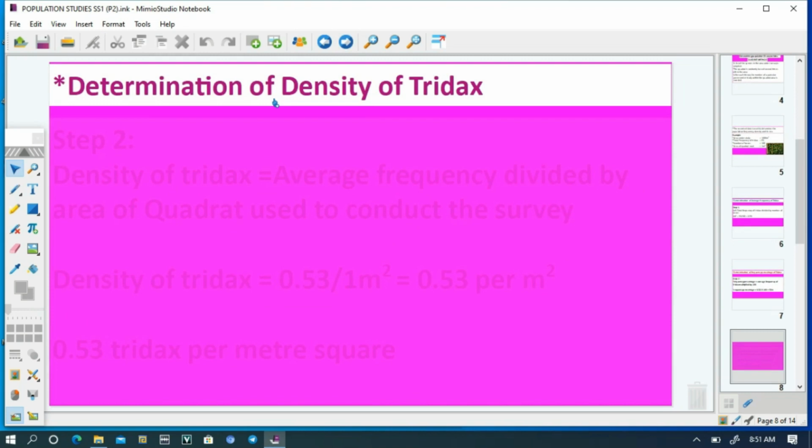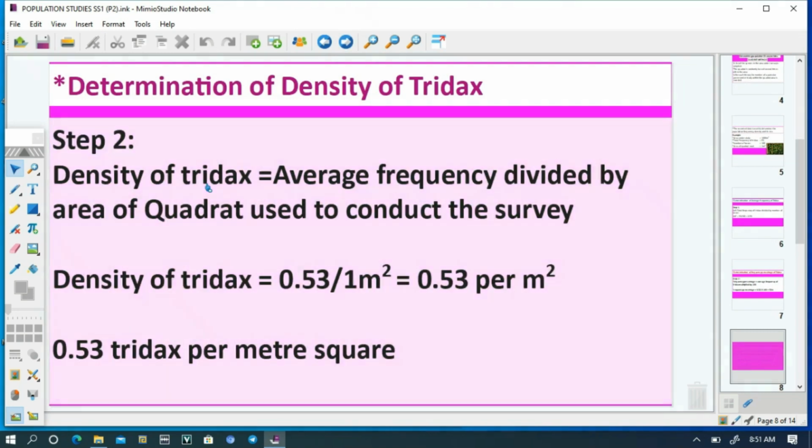Determination of density of Tridax. Step 2. The density of Tridax is the number of Tridax per meter square of quadrat used, and the formula equals average frequency divided by the area of quadrat used to conduct the survey.